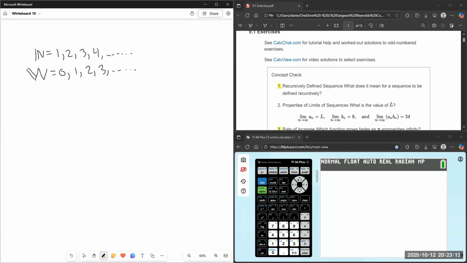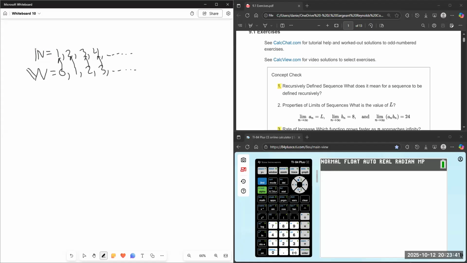And they have a one-to-one correspondence here where I could just transform the function and shift it and not have a problem, because 0 would map to 1, 1 would map to 2, 2 would map to 3, 3 would map to 4. So anything defined for the whole numbers can be defined for the natural numbers, and that's not going to be a problem for us.